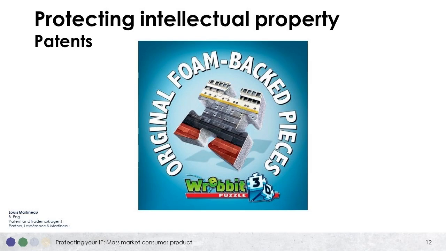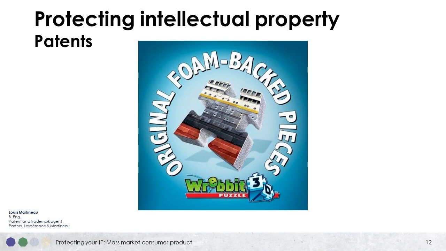Firstly, the puzzle pieces that you see on the slide right now comprise a foam backing that has a certain thickness, which is covered by a paper cover that includes part of the depiction of the product that will be formed when the puzzle pieces are assembled. The thickness of the foam backing allows the walls of the puzzle to stand upright. However, this particular concept was revealed to be already known at the time that the product was invented and consequently could not be protected by patent.